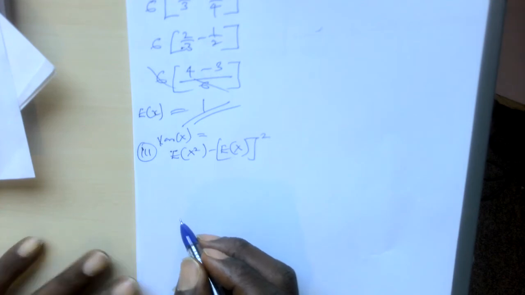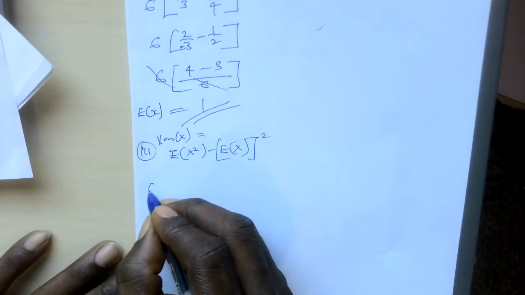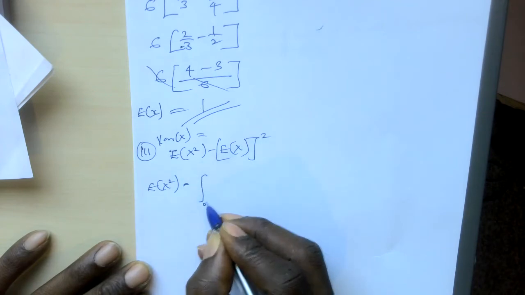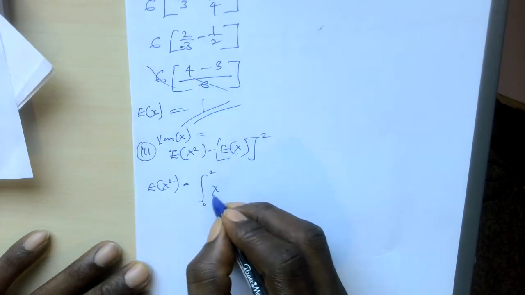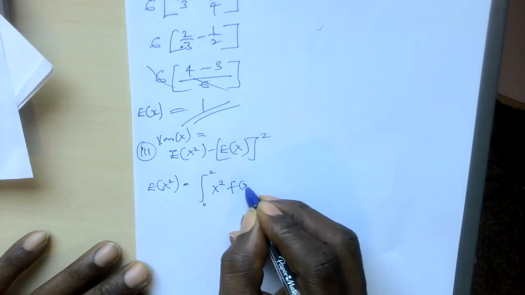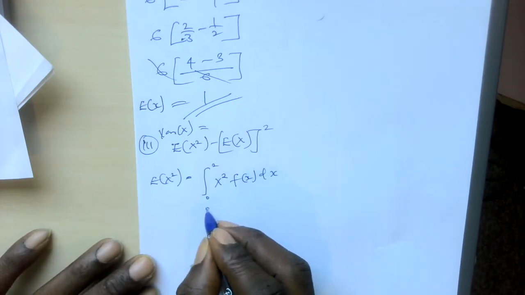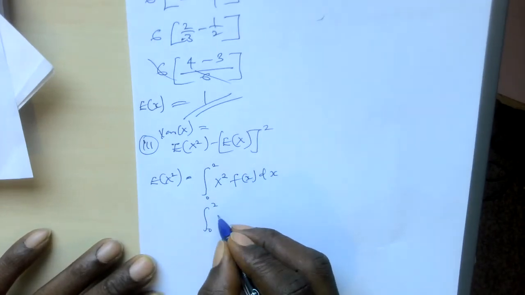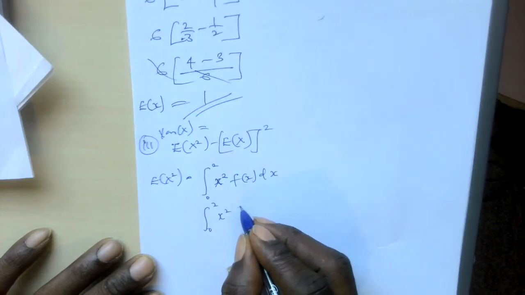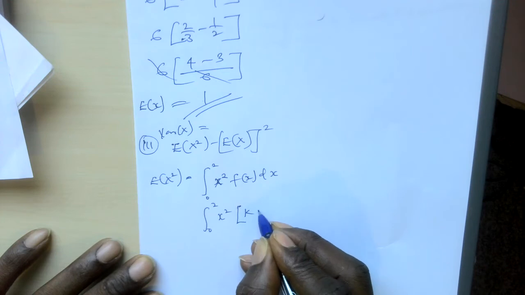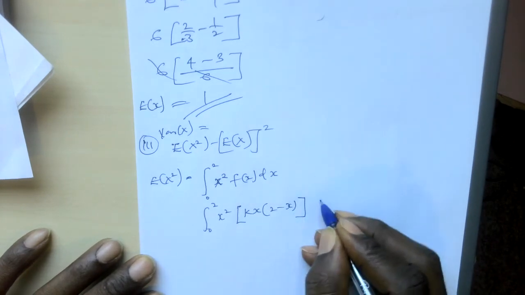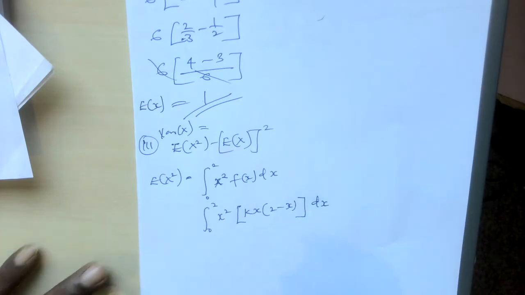So we have the expected value of x squared. We have the integral from 0 to 2, that's our range, of x squared times f of x dx. So 0 to 2 of x squared times k x times 2 minus x dx, right.